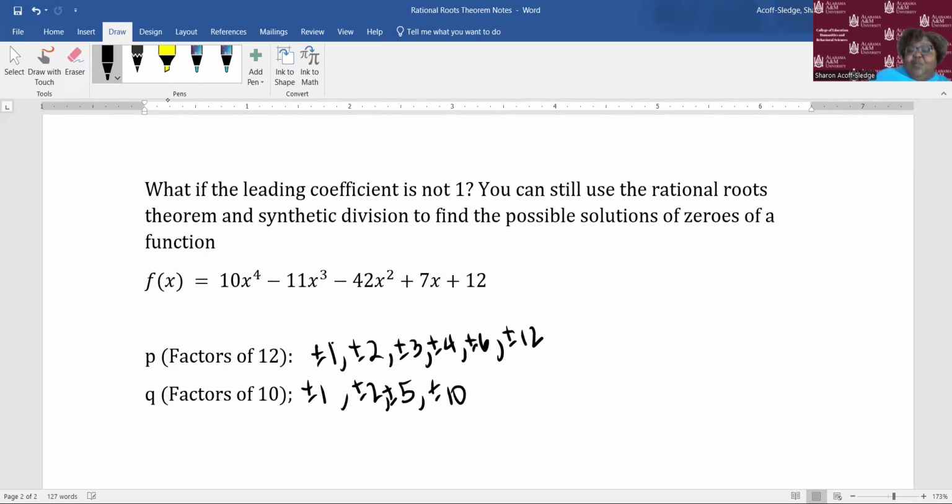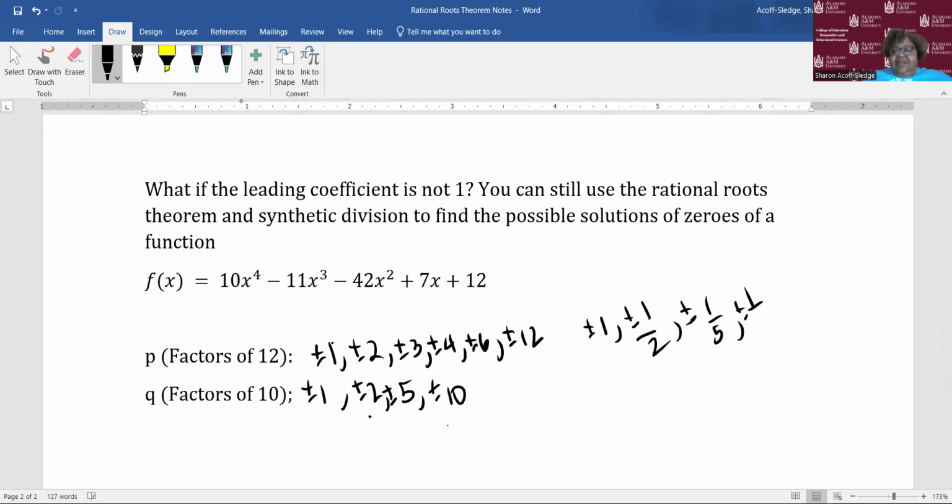So your possible rational roots are P over Q. P is your numerator, so plus or minus 1 over 1. So we can just write that as 1. And then plus or minus 1 over 2, 1 over 5.